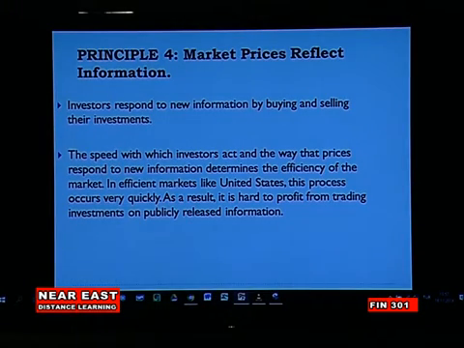Principle 4: market prices reflect information. Investors respond to new information by buying and selling their investments. Information is very important for any investor and for shareholders.